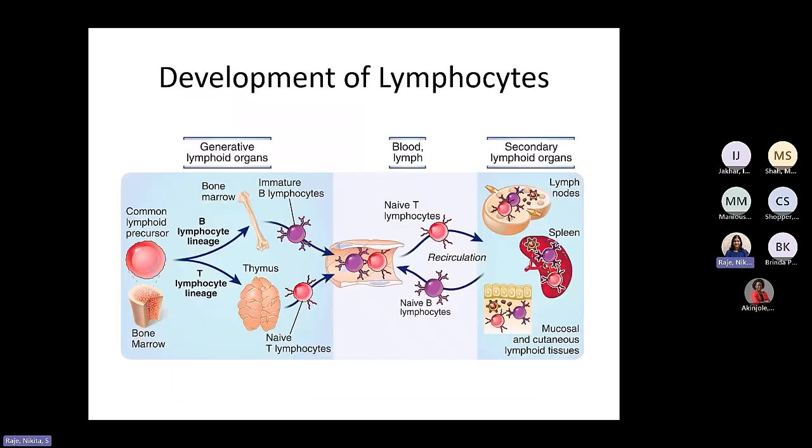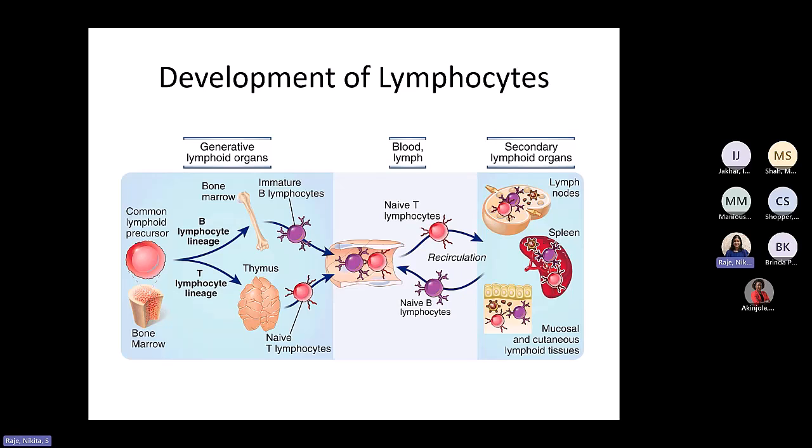Where do these lymphocytes develop? They develop or come from the bone marrow, and they mature in organs such as the thymus, or they go into the periphery, and the cells destined to become B cells mature in the spleen.